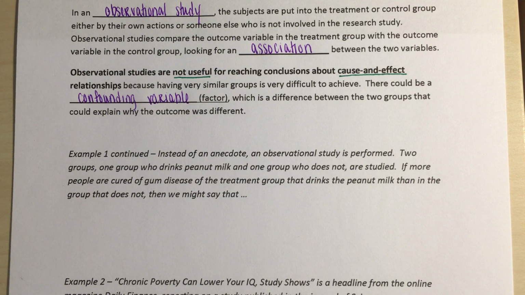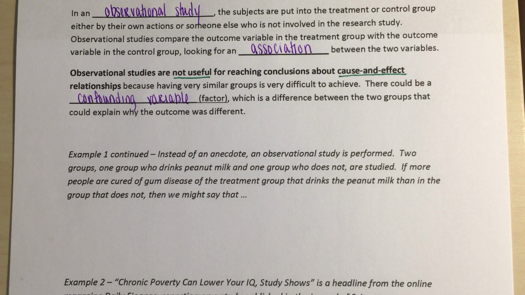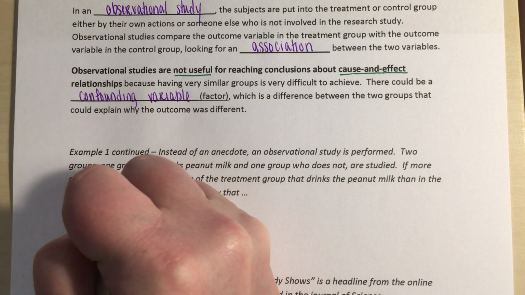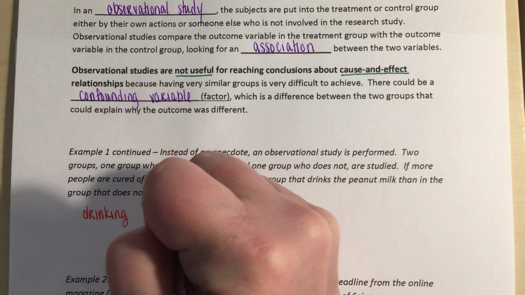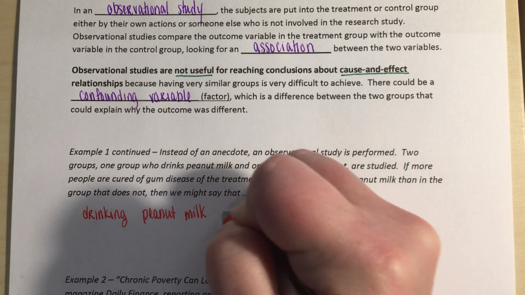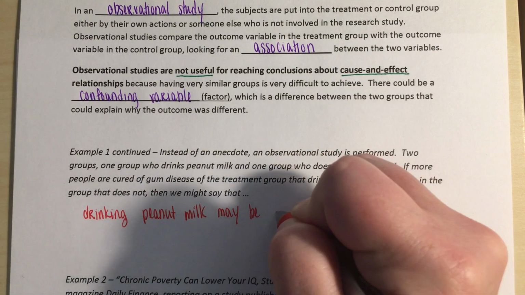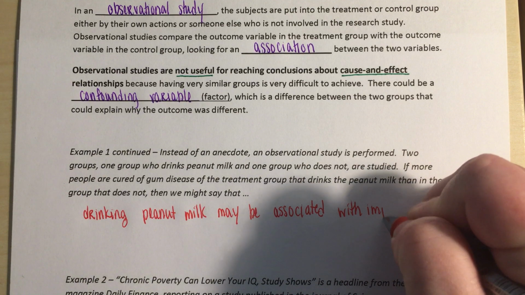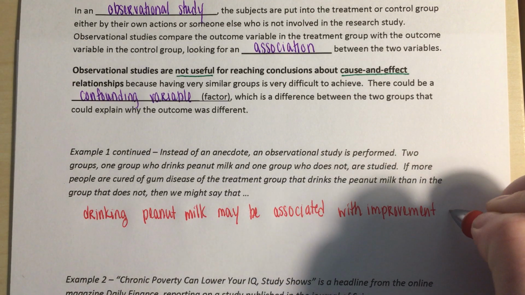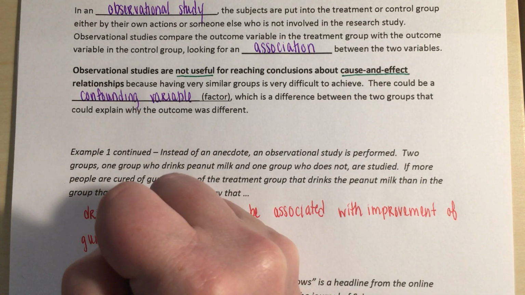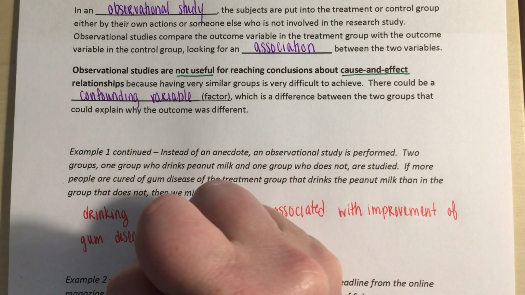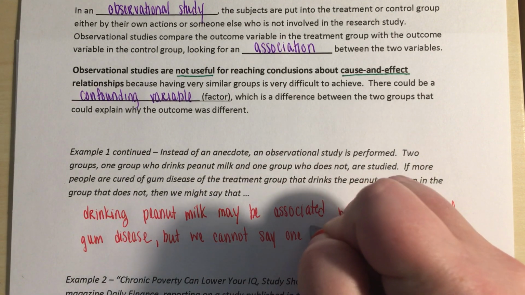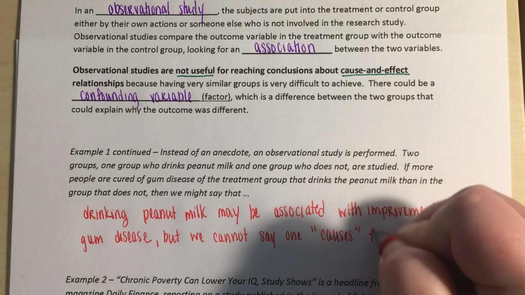If more people are cured of gum disease in the treatment group that drinks the peanut milk than in the group that does not, then we might say that, so I'm just going to complete the sentence here: drinking peanut milk may be associated with improvement of gum disease, but we cannot say one causes the other.